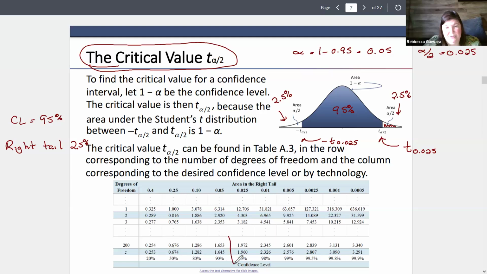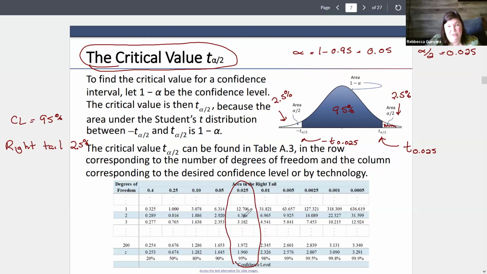We'd be looking at this area right here. It says area in the right tail, 0.025. Like I said, we're going to keep using that area in the tail. So this works a little differently than a z-table. This is your t-table.